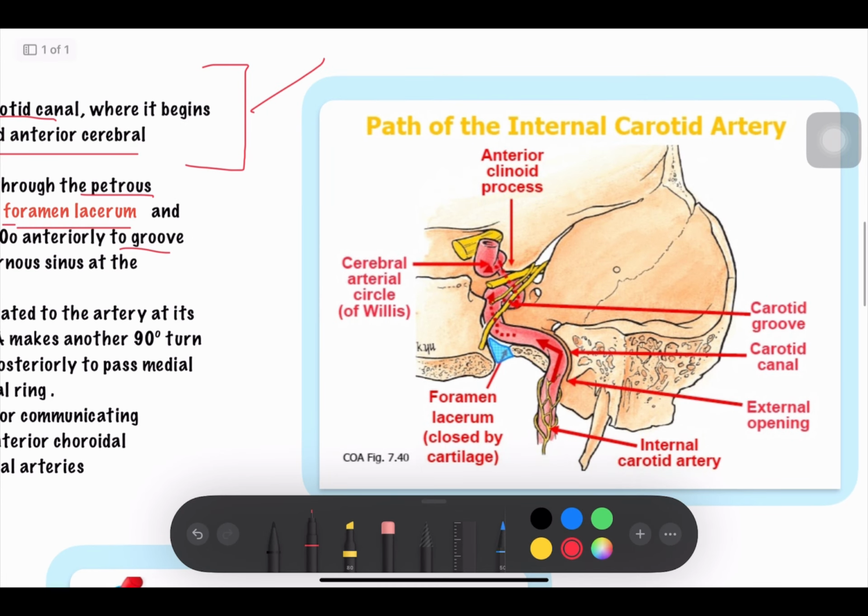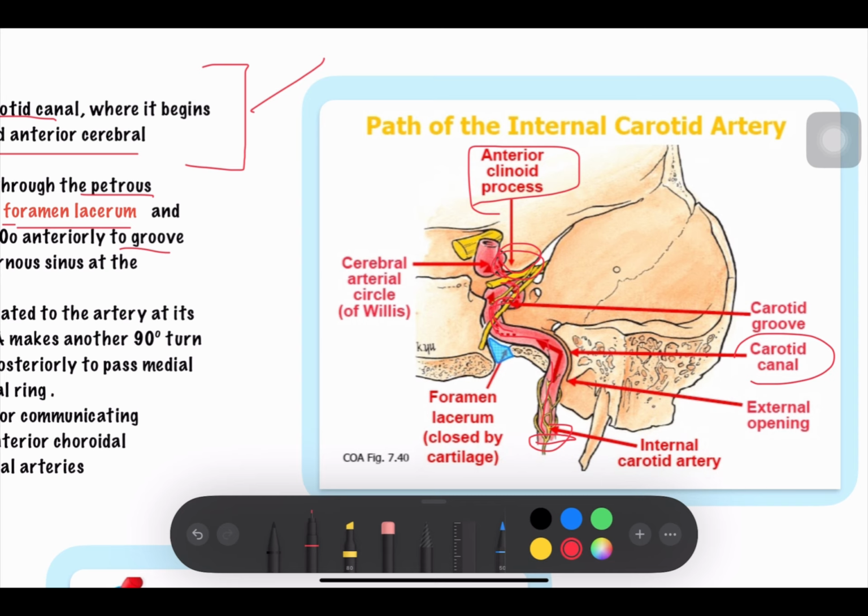Over here we can see the internal carotid artery which enters the carotid canal and forms the carotid groove, and it turns again to enter the cavernous sinus. The carotid artery pierces the cavernous sinus and comes out at the anterior clinoid process.